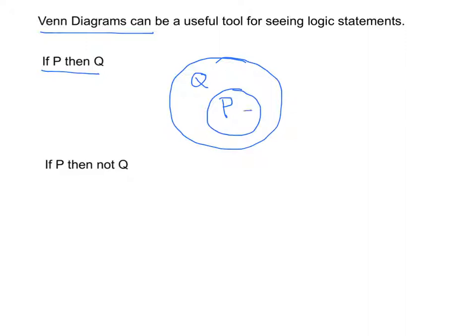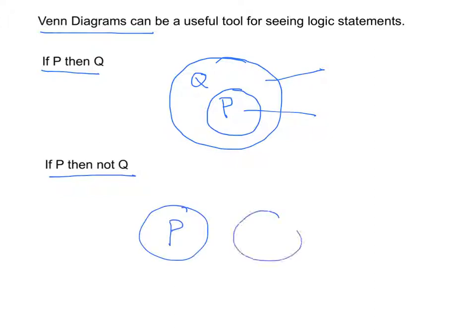So this could be my square, and this could be the larger category of rectangles. And then if P then not Q is represented as two separate circles.